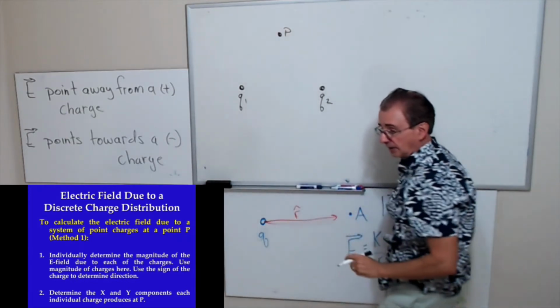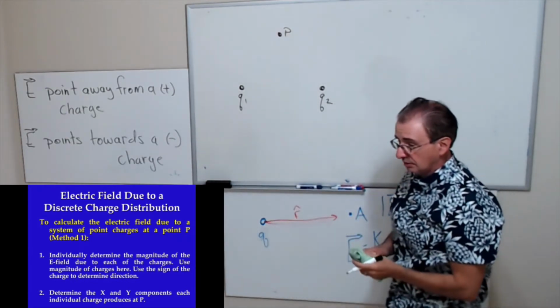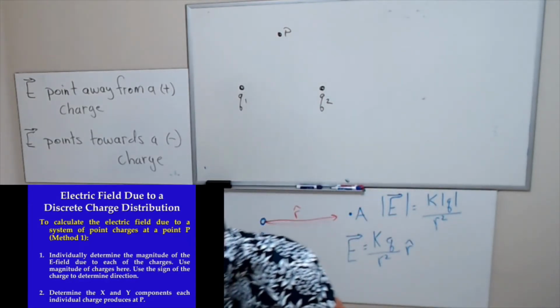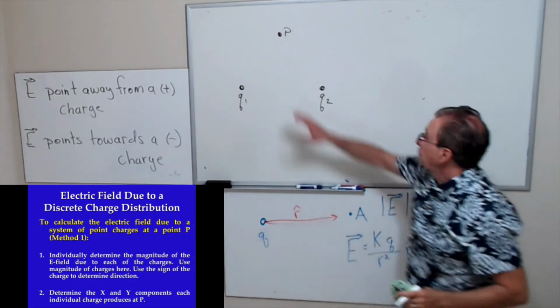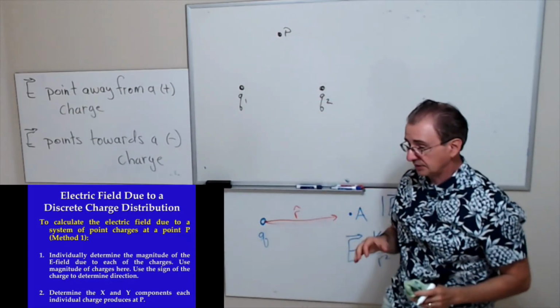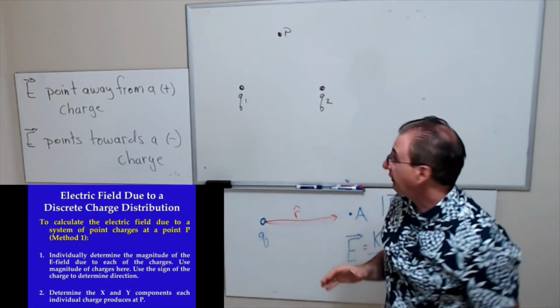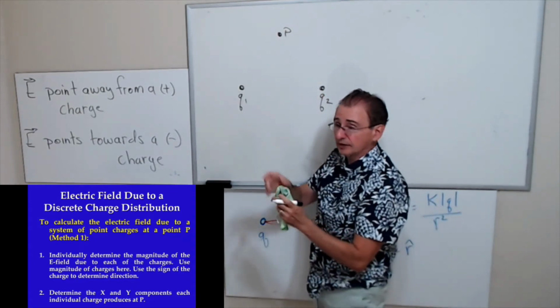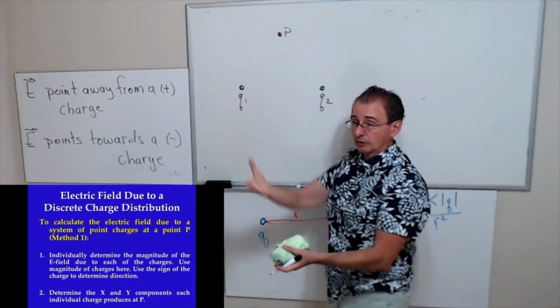That's a location in space. So this point P is a location in space. I want to find the field there. Basically, if I had a device that measures fields and I brought it there, I want to know what it reads.